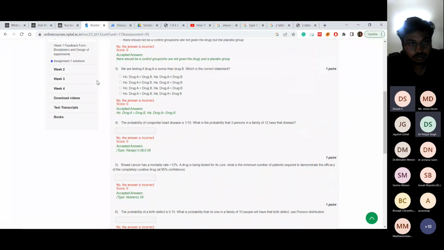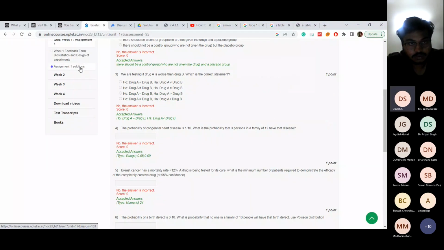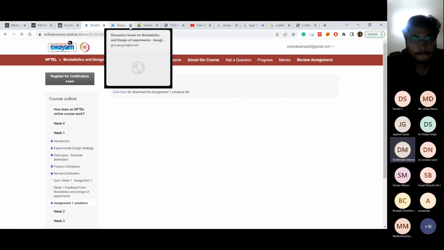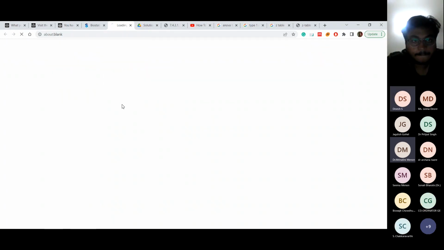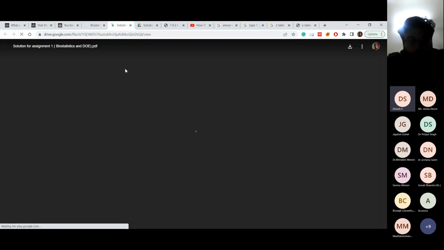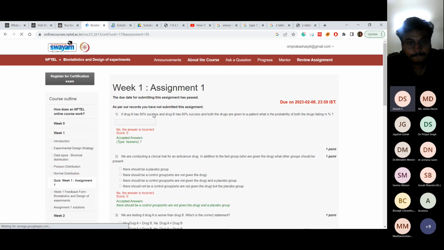The answer was 23.4, whereas the accepted answer is coming as 24. Generally, sir, they give in the range. So it should be 23, 24, but this time they gave only the answer 24. So many of us have got it wrong.